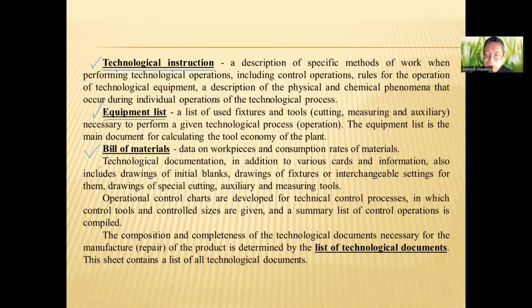consumption rates of materials. Technological documentation, in addition to various cards and information, also includes drawings of initial blanks, drawings of fixtures, or interchangeable settings for them, drawings of special cutting, auxiliary, and measuring tools.